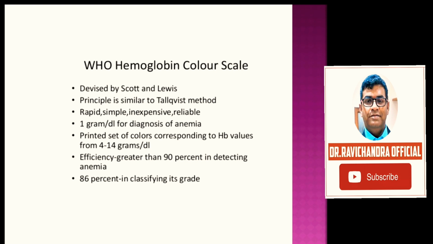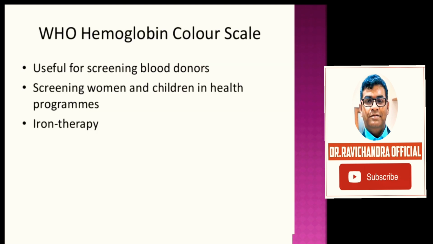This WHO hemoglobin color scale's efficiency is greater than 90% in detecting anemias and 86% in classifying their grade. It is useful for screening blood donors, and also children and women in health programs, and also in iron therapy.